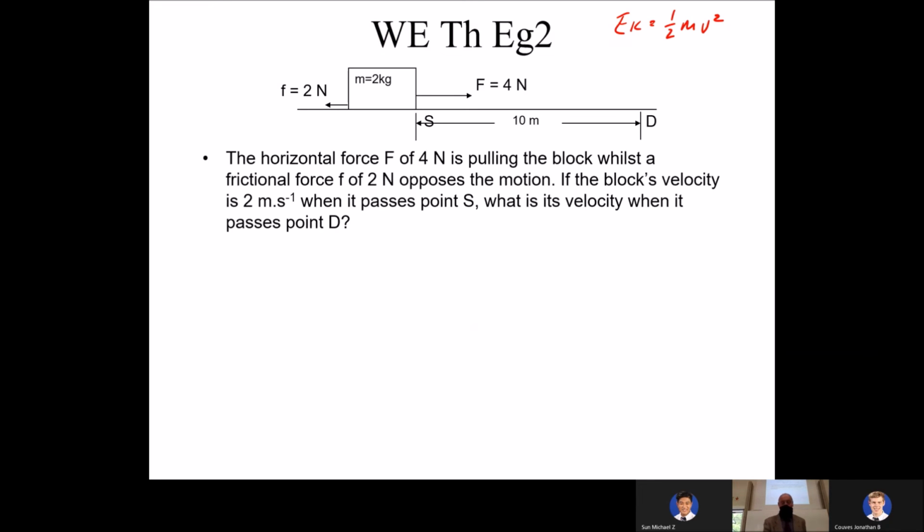All right. Now, slightly harder one. Now it's got friction. Initial velocity when it passes S is 2 meters per second. Same thing, same method. You just got an extra force to consider. Go for it. So can you quickly go back to our slides?